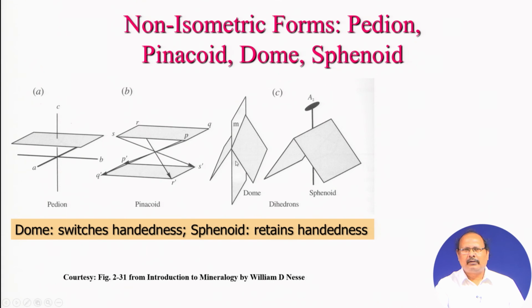So, non-parallel faces, if they are related by a mirror, we call it a dome, and if these are related by a dyad, we call it a sphenoid. So, you now know that when you have a mirror, that means in a dome, the 2 faces change their handedness, whereas a twofold axis is a proper axis. That is why in a sphenoid the faces retain handedness.